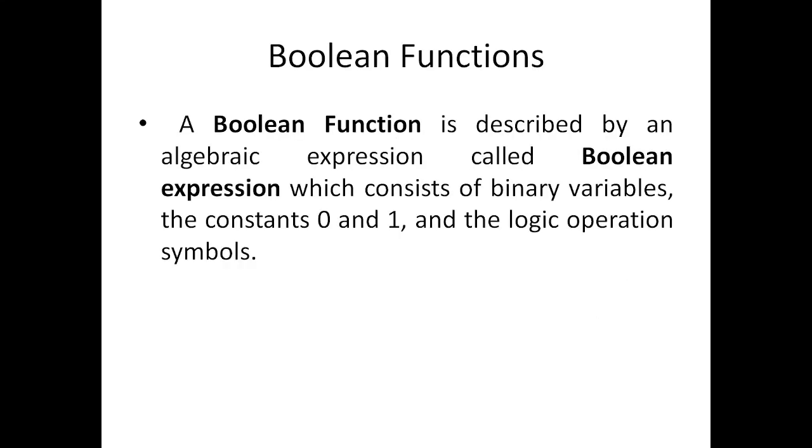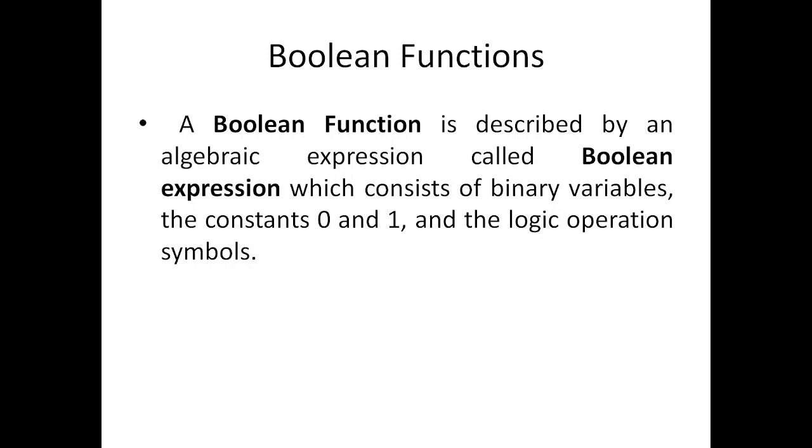A Boolean function is described by an algebraic expression called a Boolean expression, which consists of binary variables, constants 0 and 1, and the logic operation symbols. So simply, a Boolean expression or Boolean function is a combination of binary variables, which can take the values 0 and 1, with logical operations.